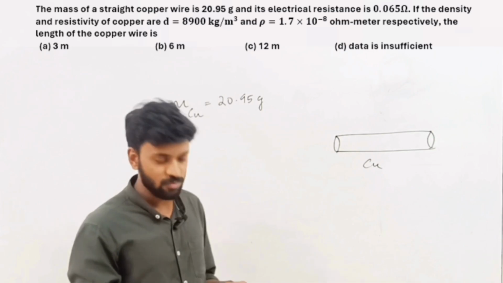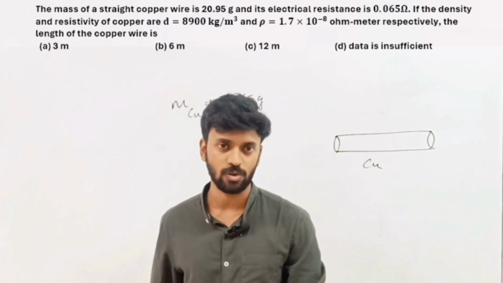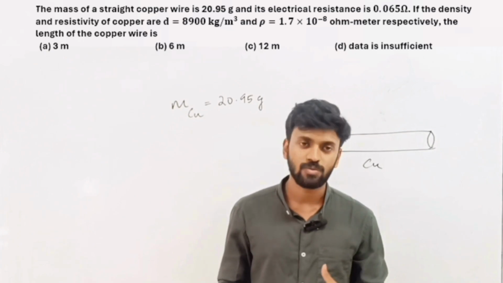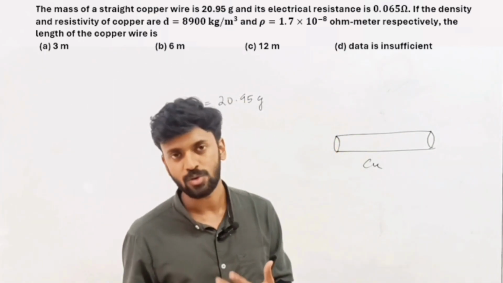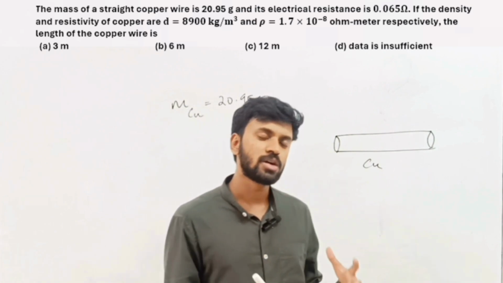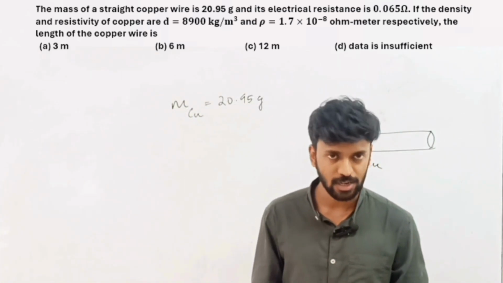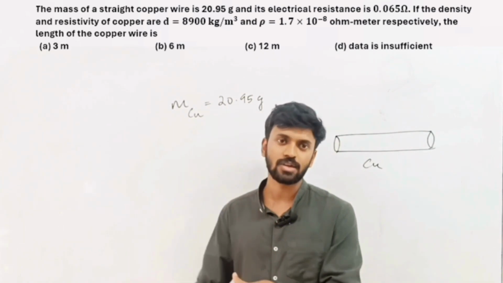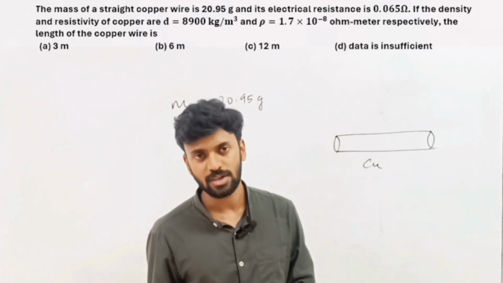Whenever we are doing such types of problems, we should always focus on the units. Okay, because in physics we will be getting different values based on different units that we are using. So try to convert every number or every data which is given to us into SI unit and then solve the question, so that we will be getting the value in SI unit.